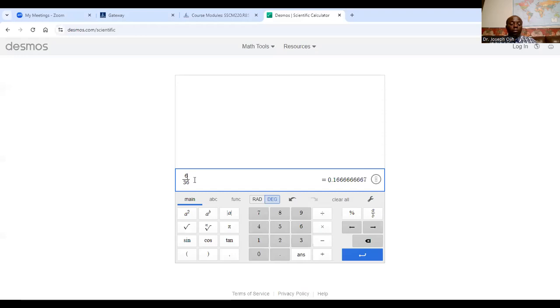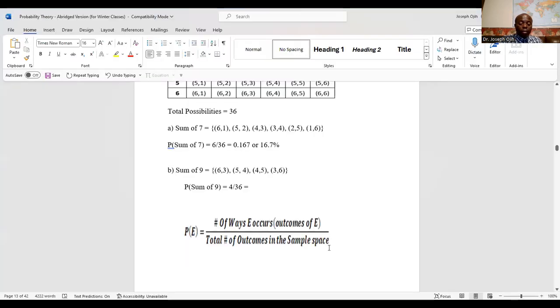We have 0.111. Or if you like, you can call it an 11.1% chance of getting the sum of 9.